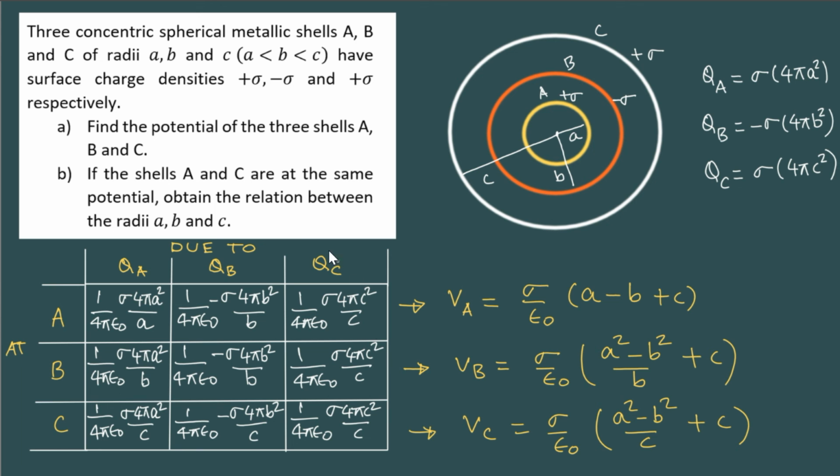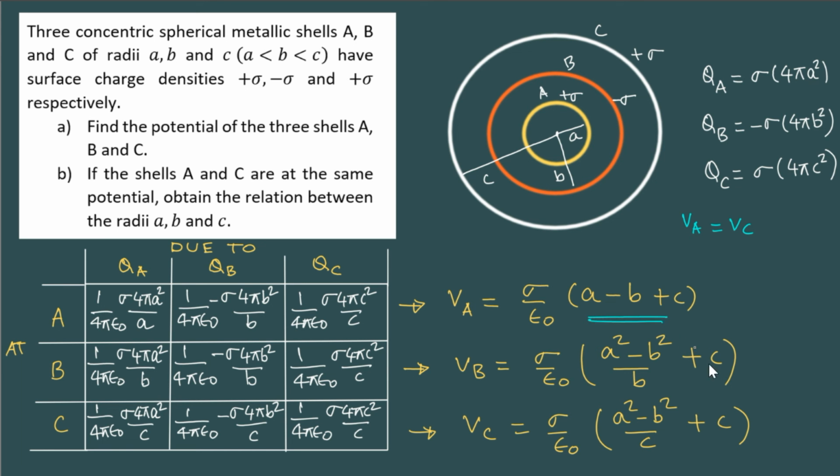Now, looking at part B of the question, the potential of A and C are equal. So if VA equals VC, take a look at these values.